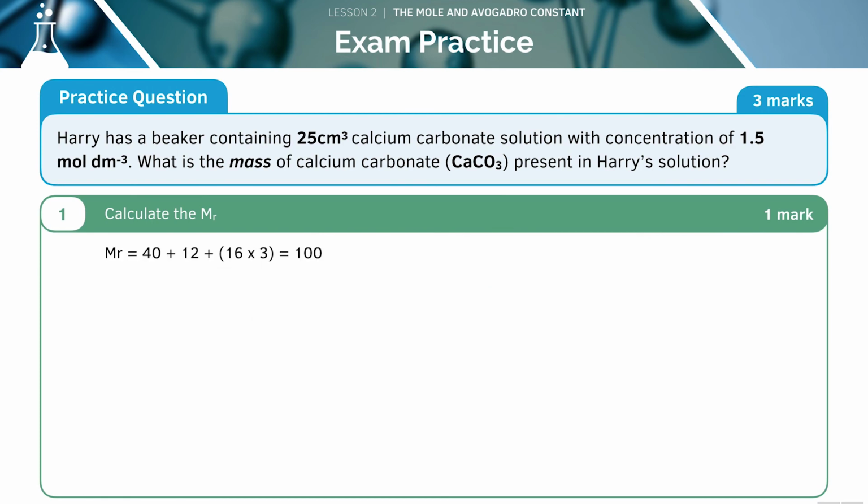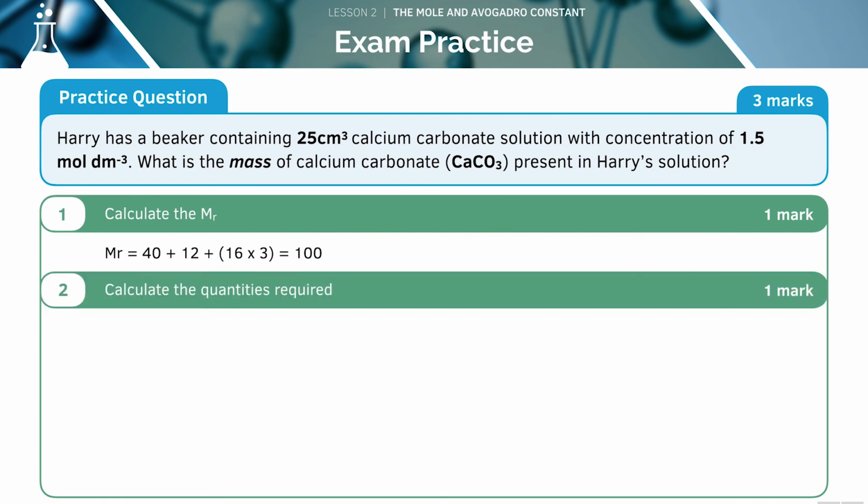Now, we need to calculate the quantities required. So in this case, we've been given our volume in centimetres cubed. This is 25. However, we've already discussed that you should always convert centimetres cubed into decimetres cubed.